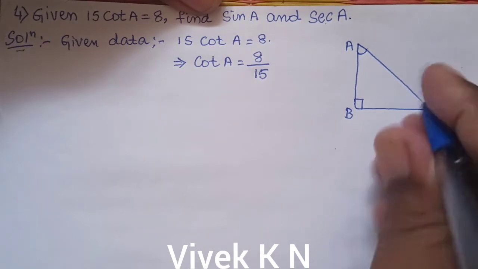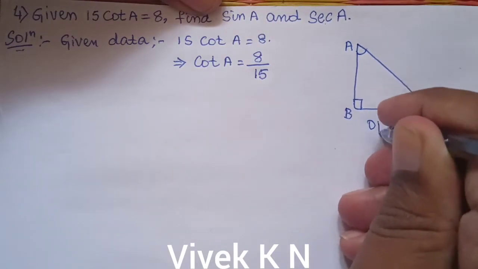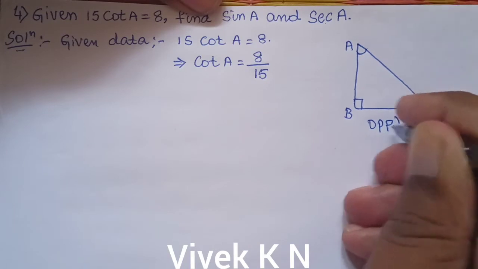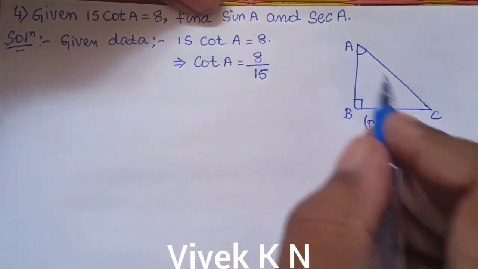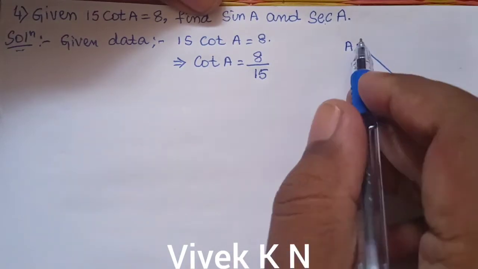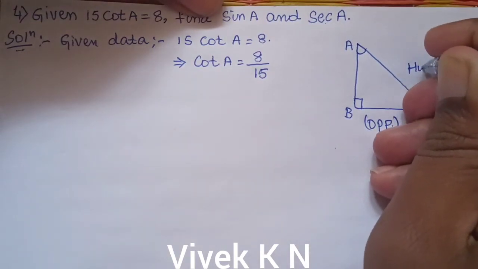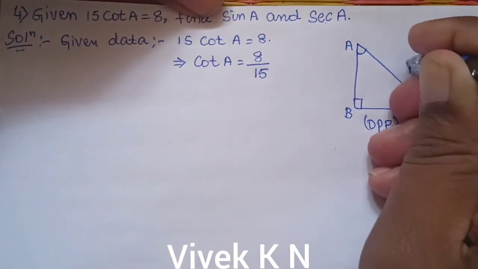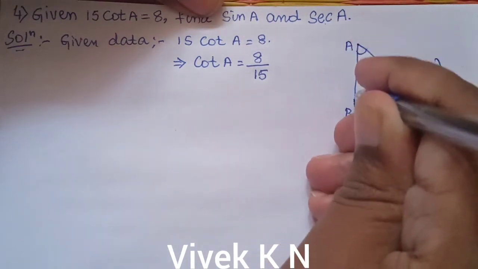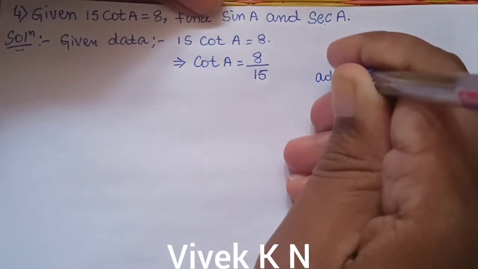So this is the opposite side. And the longest side of the right angle triangle is AC. So this is the hypotenuse. And the remaining side is adjacent.